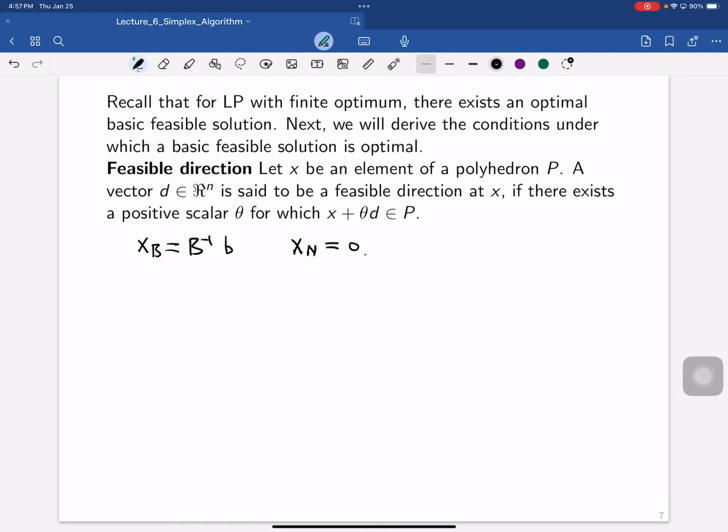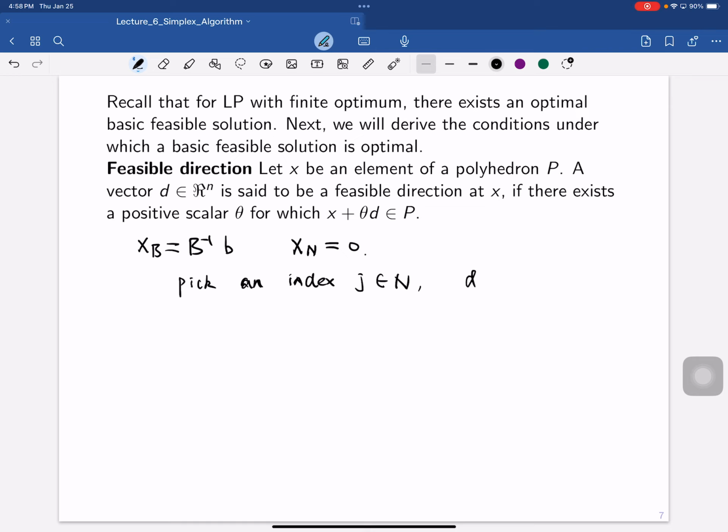Yeah. So let's say we pick a j. Pick an index j in the non-basic variables. Let's just pick one of those.